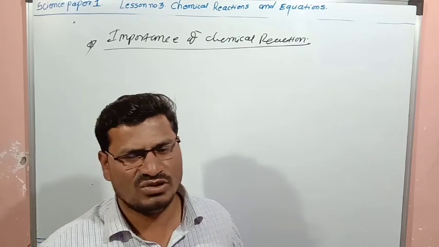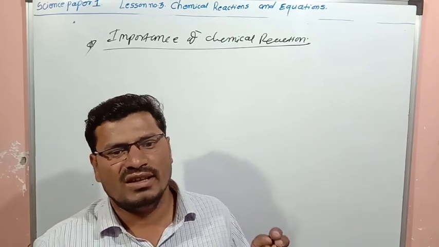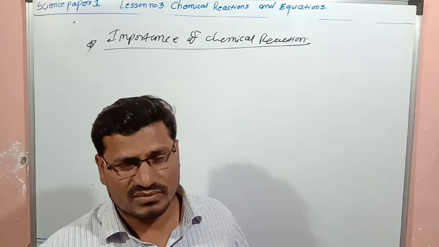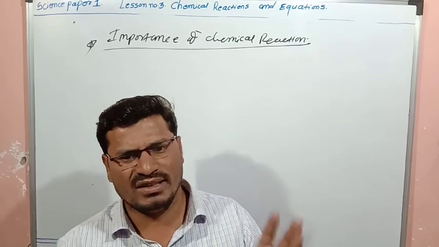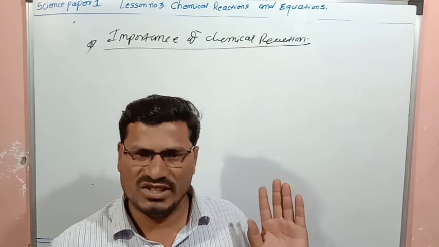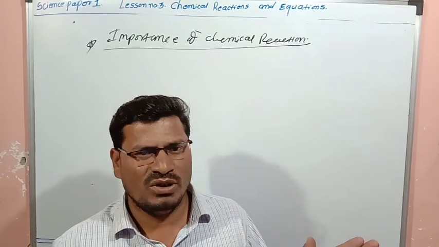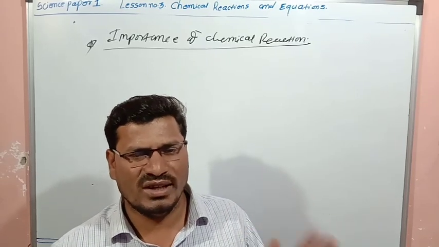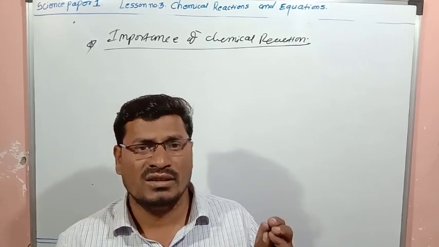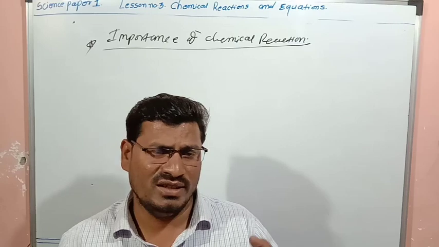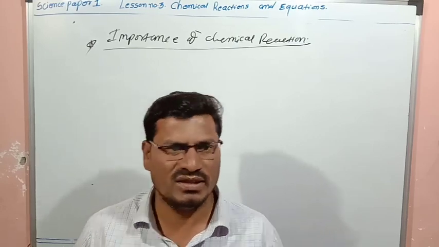Next, in a chemical reaction, the property and composition of the reactants change, and they get converted into products. And in a chemical reaction, either energy is absorbed or energy is given out.